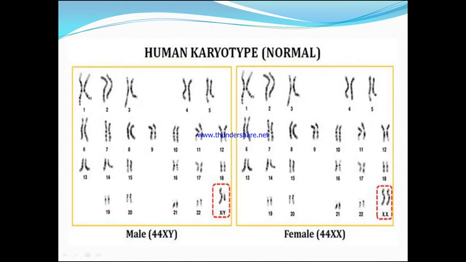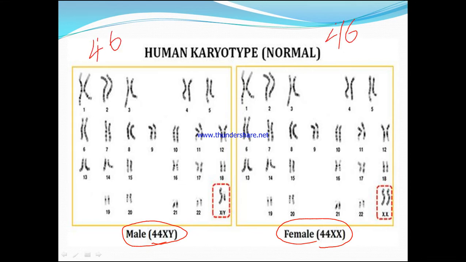Okay, this slide is the human karyotype in the normal case. In the male karyotype and the female karyotype we can observe that the 46 chromosomes in each one are arranged in pairs, so we have 23 pairs.